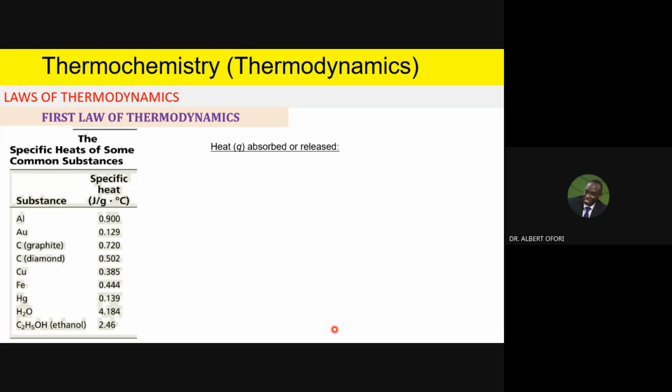Well, we can make progress from that. That's when we want to measure heat. We said that we consider the specific heat capacity, we consider the mass, and then we consider the change in temperature. So that's the formula for measuring heat, either absorbed or released.